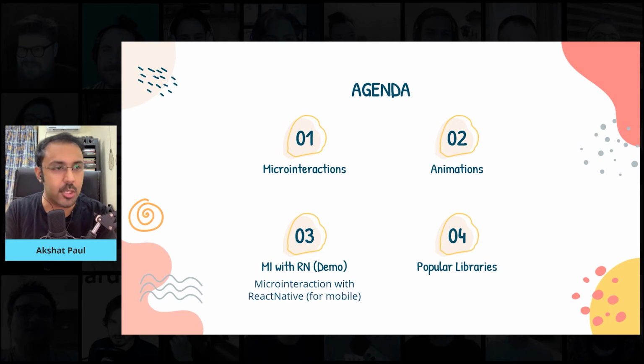Many of you might be actually using them already, but you'll get to know the structure and the fundamentals behind micro interactions. Lastly, what are the popular libraries, especially related to React Native, which you can use in your applications to make things easier and implement these animations and micro interactions in a much faster way.